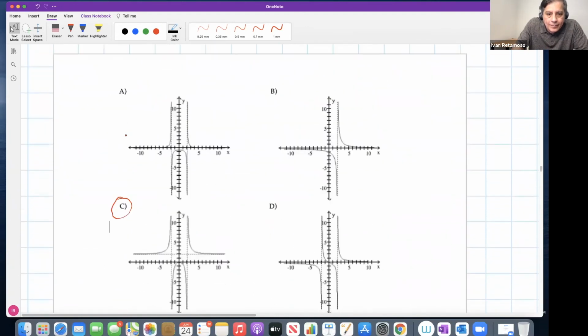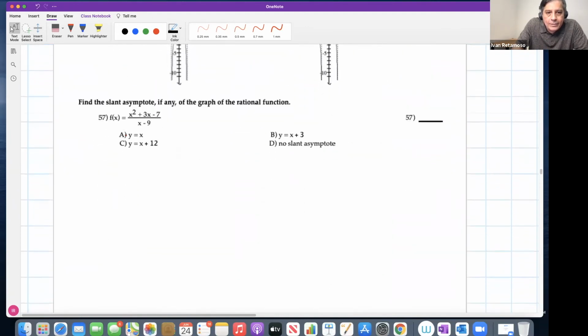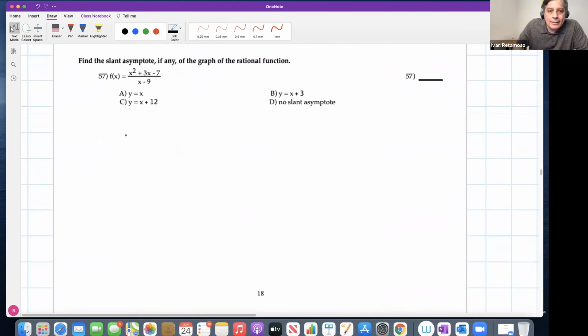So moving on. Now let's talk about the slant asymptotes. Remember, for the slant asymptote, we said that the way you get it is by using synthetic division. So for example, here I have 1, 3, and -7. And over here, since the divisor is x minus 9, I write the opposite, 9.